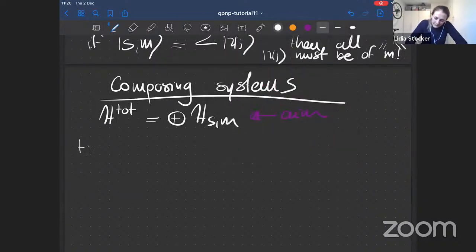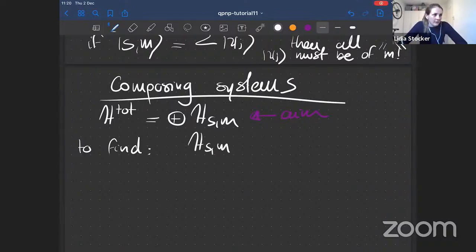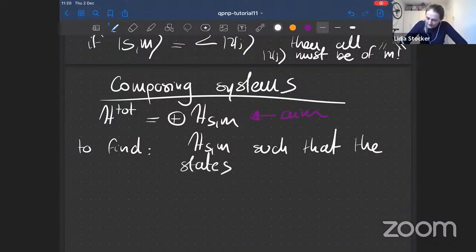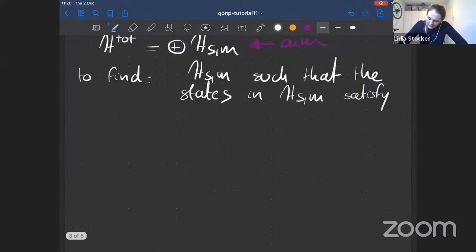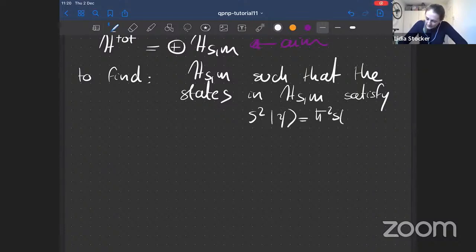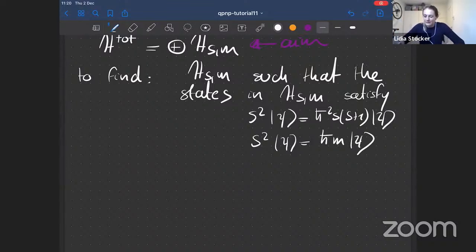And to calculate H_SM, such that the states in H_SM satisfy S squared of psi equal to hbar squared S(S+1) of psi, and Sz of psi equal to hbar M psi. So all of the states in this sub-Hilbert space must satisfy this relation.